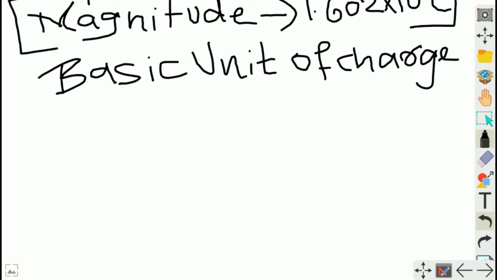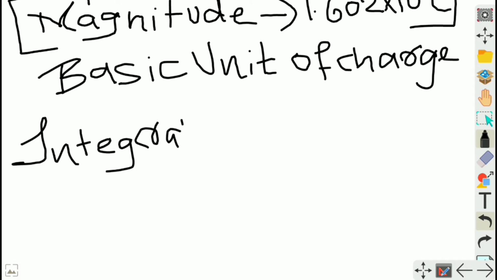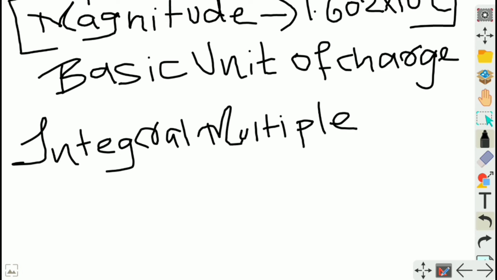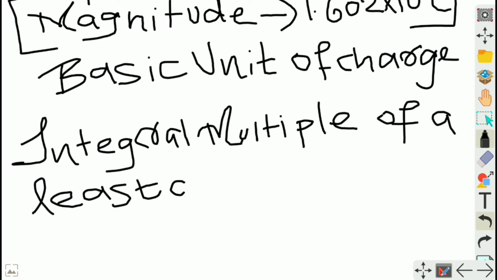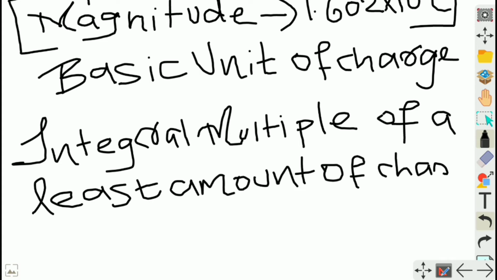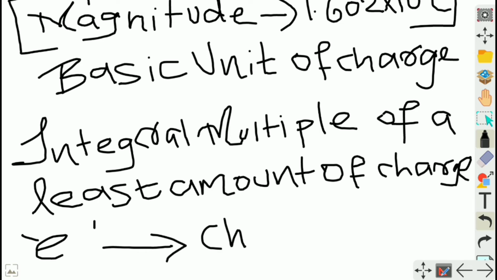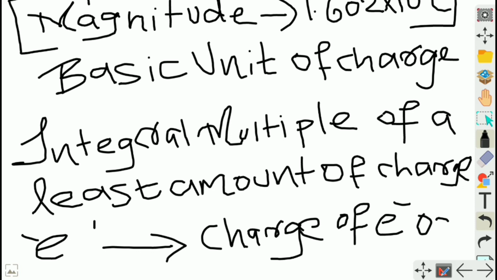It is found that the electric charge of any system is always an integer multiple of a least amount of charge e, where e is the charge of an electron or proton.